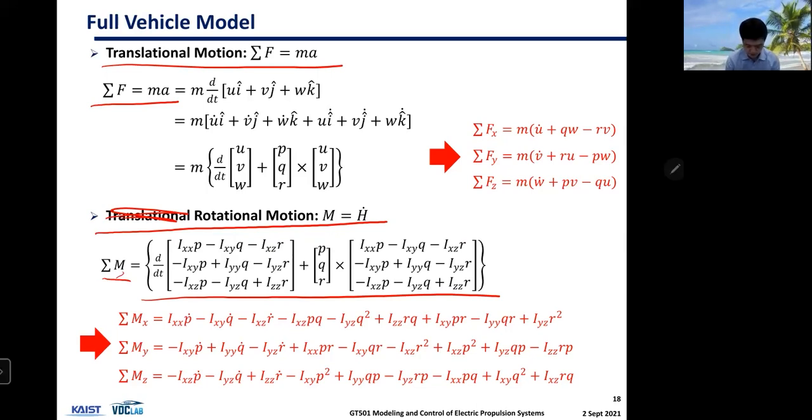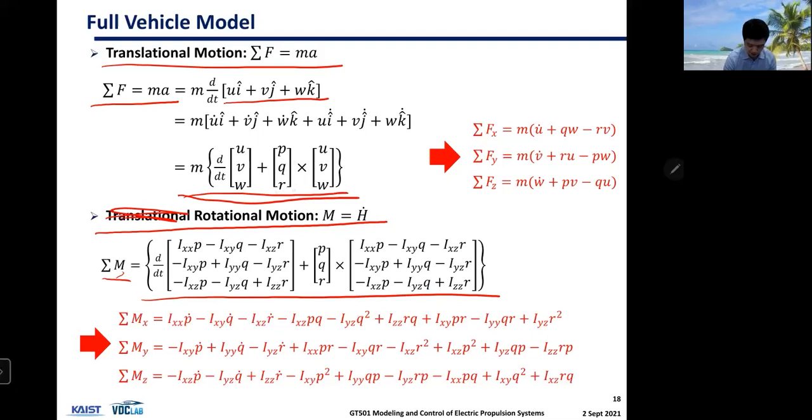So if you use the acceleration vector and take the derivative of that, this is what you get. And again, because this is three-dimensional space, you have pretty long equations.